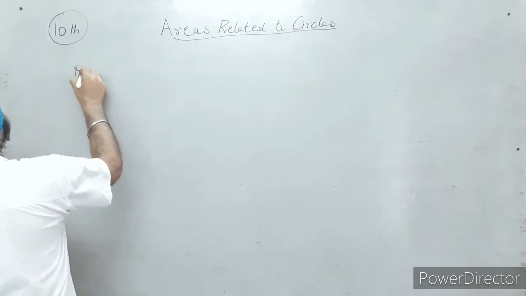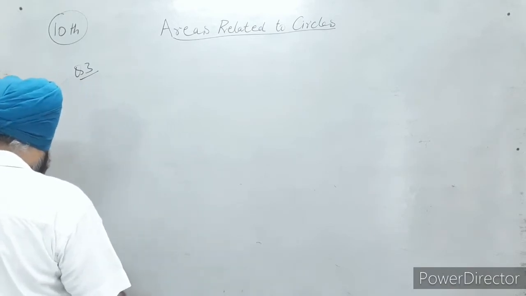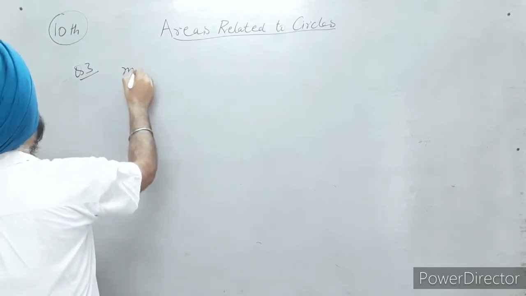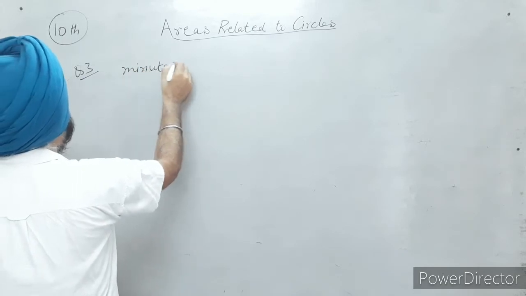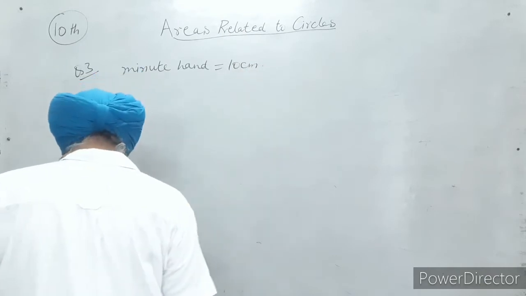Question number 3. The minute hand of a clock is 10 centimeter long.